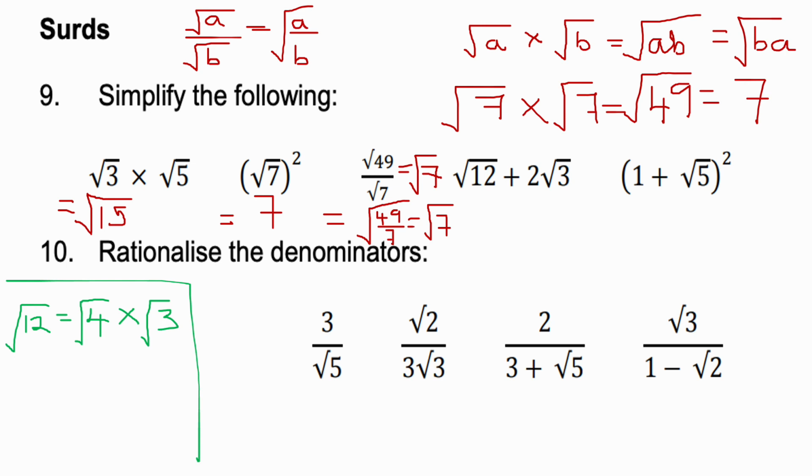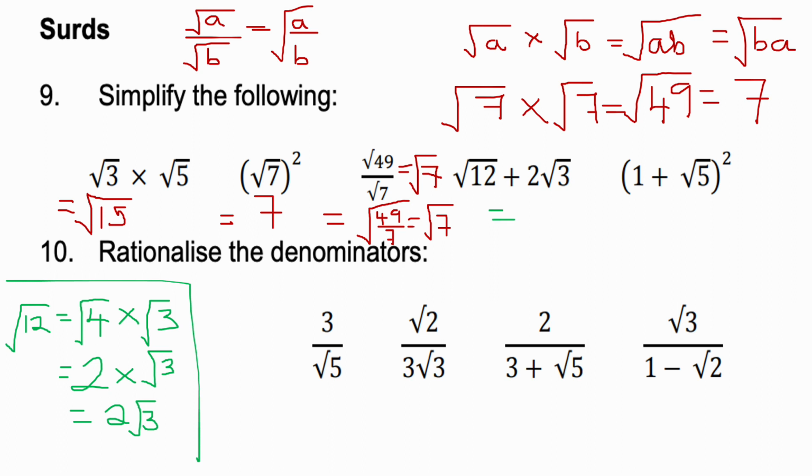Well, because 4 is the highest square number factor that goes into 12, excluding 1, of course. So the square root of 4 is 2. 2 times root 3 becomes 2 root 3. So I can simplify root 12 to become 2 root 3.